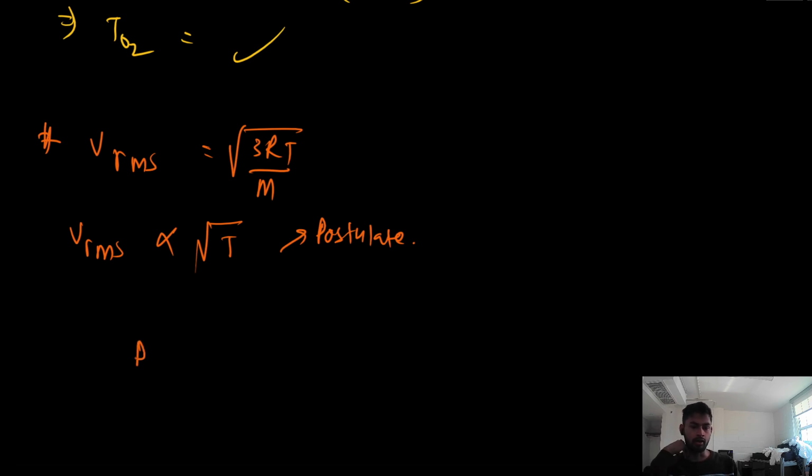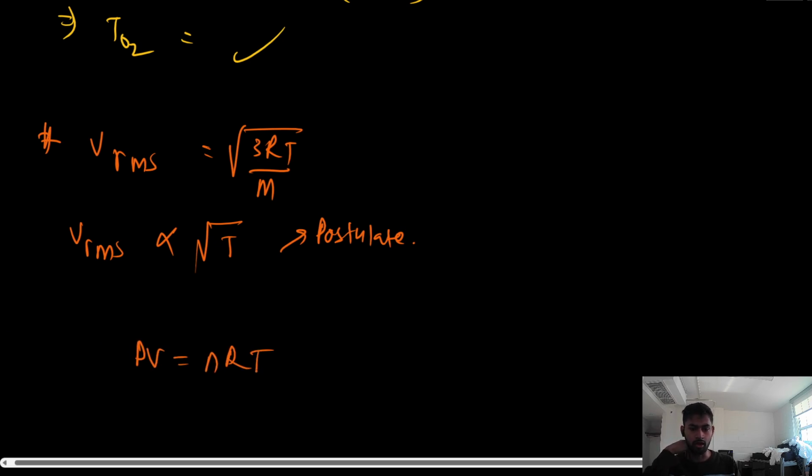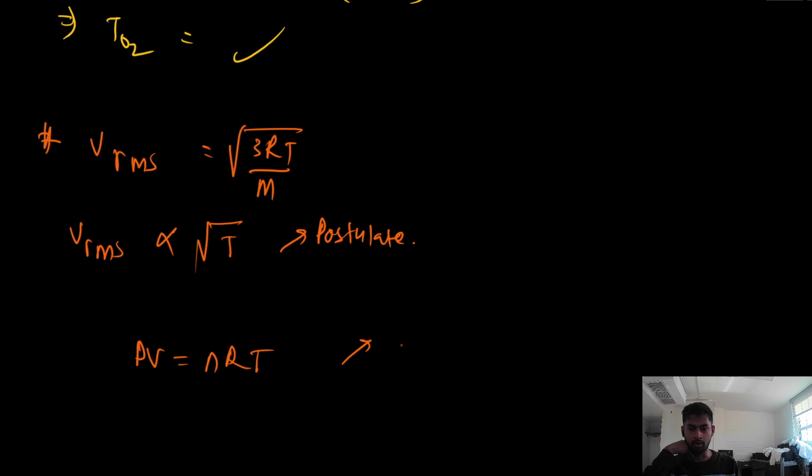By using the ideal gas equation, PV equals nRT, and we are computing for n equals 1 mole of gas.